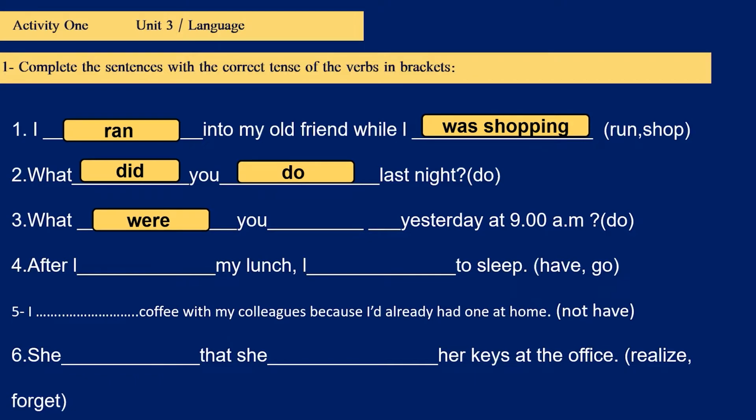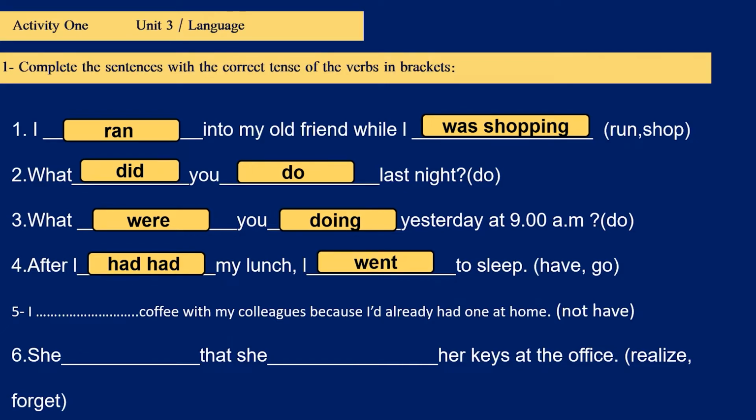What were you doing yesterday at 9 a.m.? Number 4. After my lunch, I space to sleep. We have have and go. So, after I had my lunch, I went to sleep.